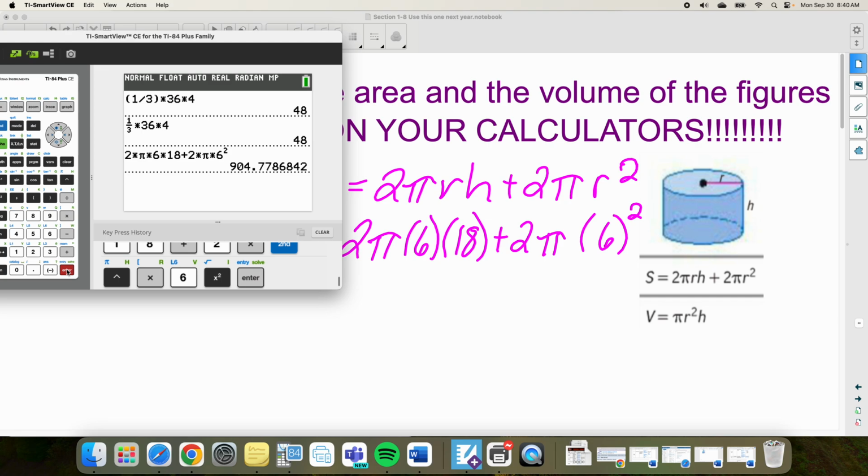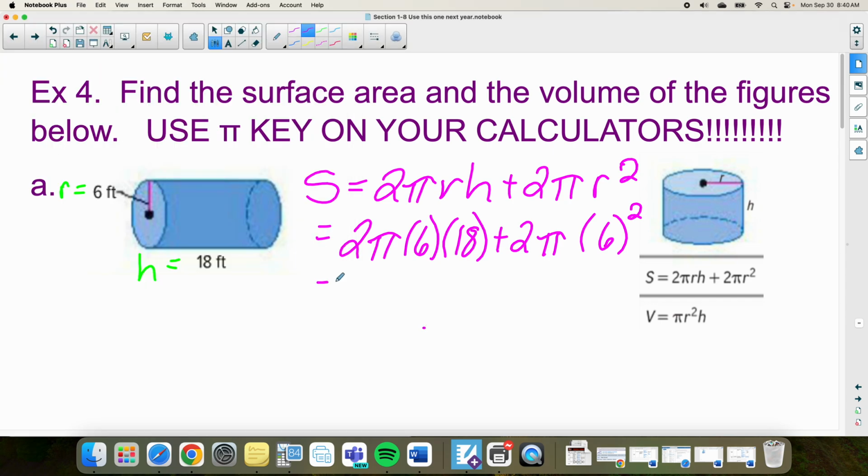Did you guys get 904.78? Okay, so this one is 904.78, and that is going to be in square feet.